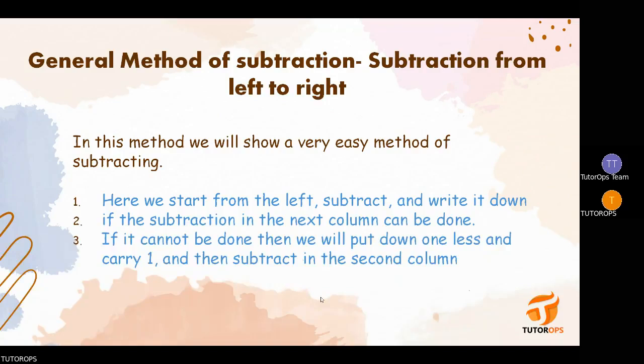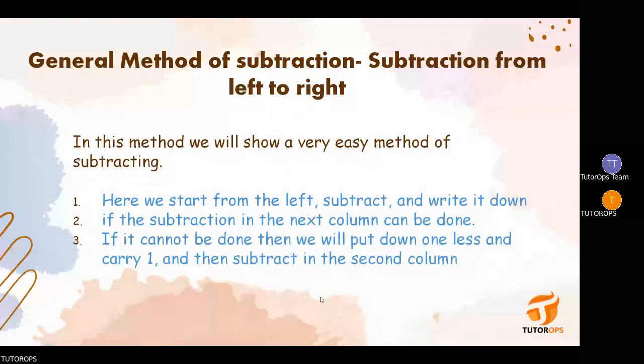We know that subtraction is usually done from right to left, but with Vedic methods we can do it from left to right also. Here we start from the left, subtract and write down. If the subtraction in the next column cannot be done, then we put down 1 less and carry 1, and then subtract in the second column.